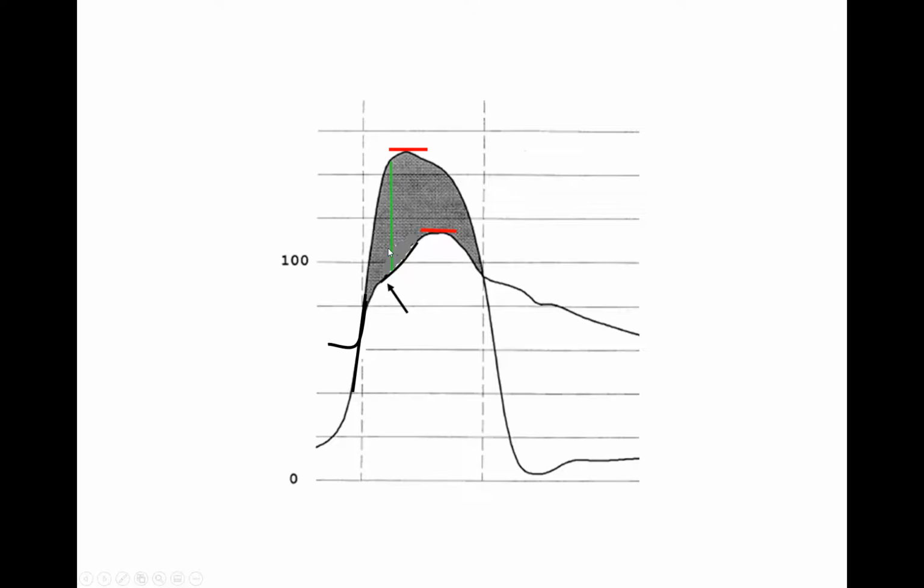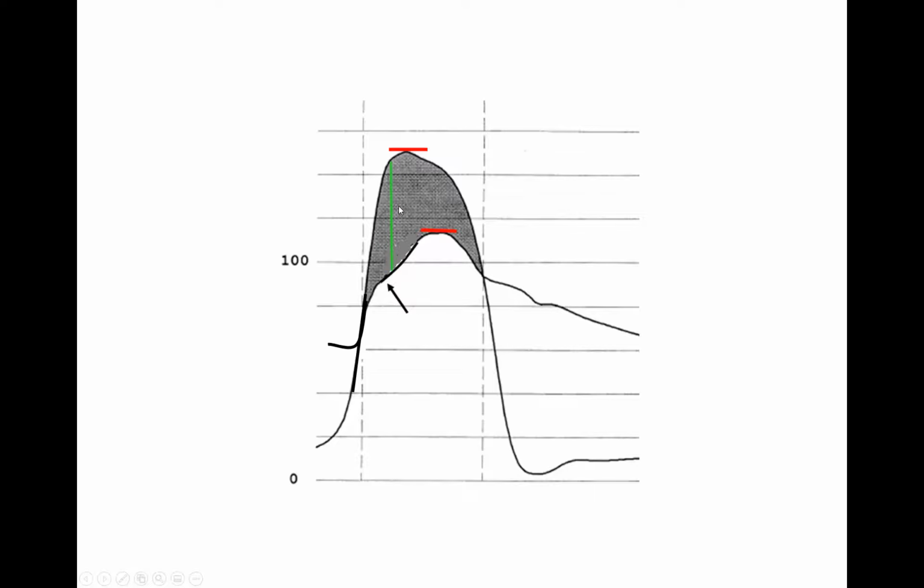That's the mean gradient. Then you have what we call peak to peak, which is something we can only obtain by cath, which is the highest point of each compared to each other. Then you have that green thing, which is the peak instantaneous gradient, which is the point in time where you have the absolutely highest gradient, which is what you get by echo.